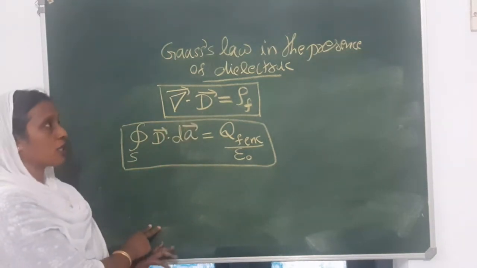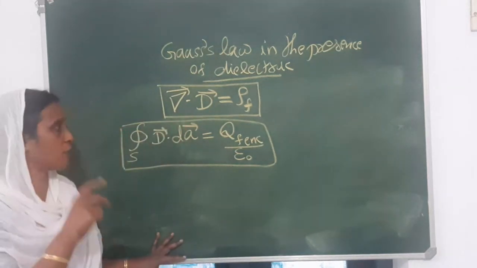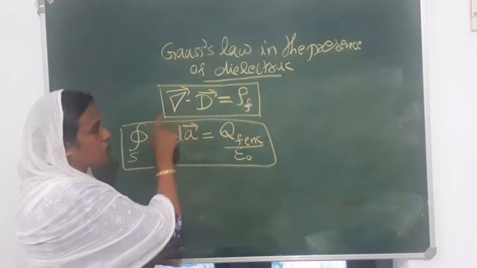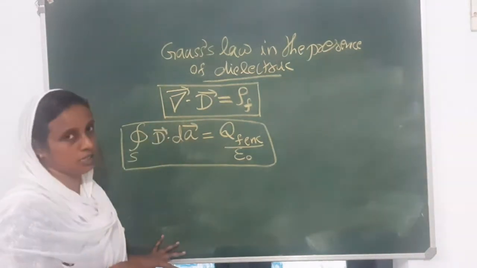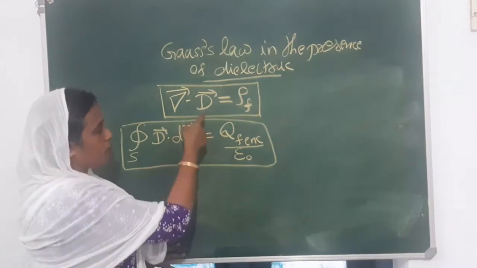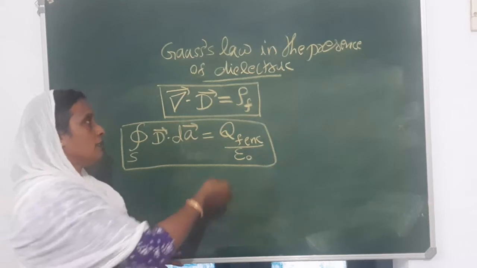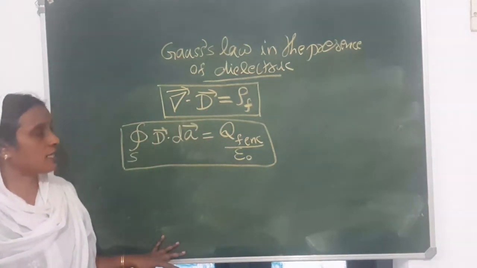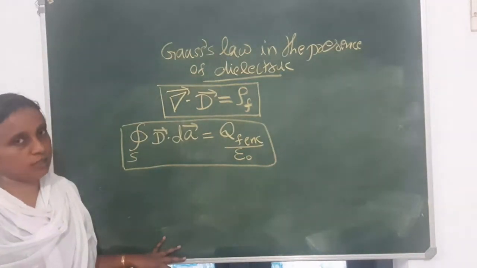And from this expression we can see that the electric field and the electric displacement vector both have a similar appearance, because in free space, not in the case of dielectric, we can represent del dot E by rho by epsilon 0, where rho represents the charge. So looking at these two equations, we may feel that D, the electric displacement vector, just replaces the electric field vector.